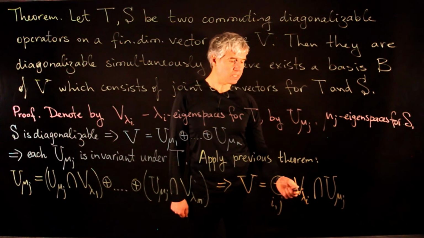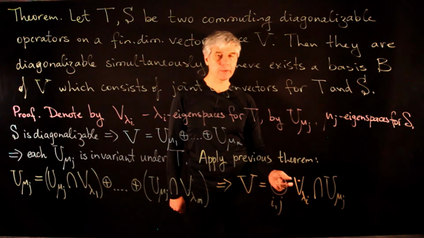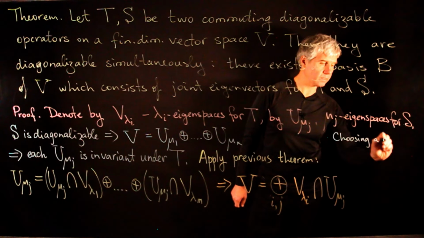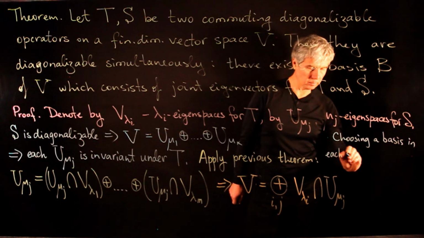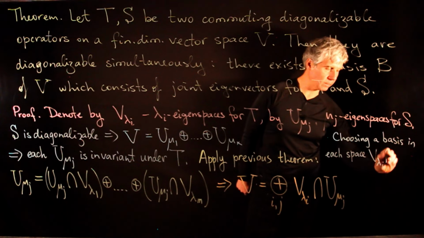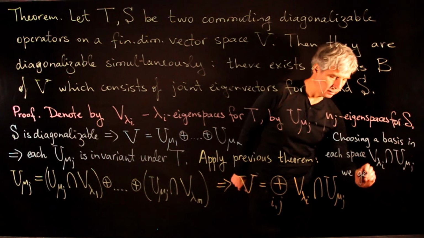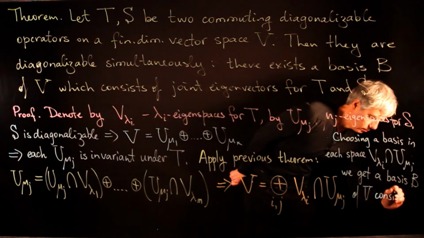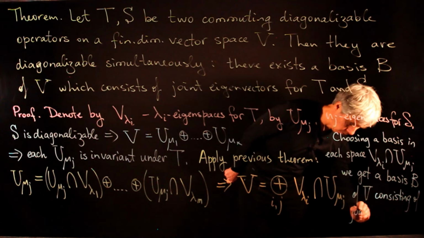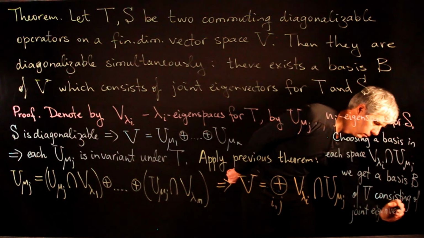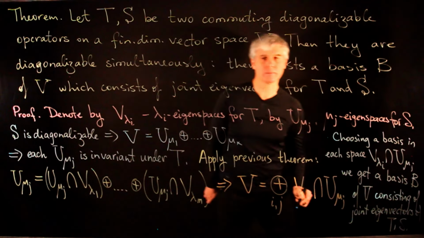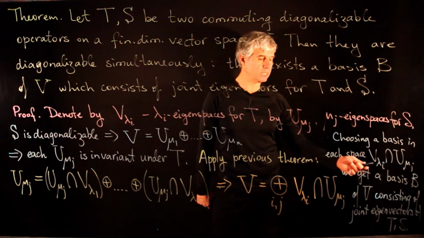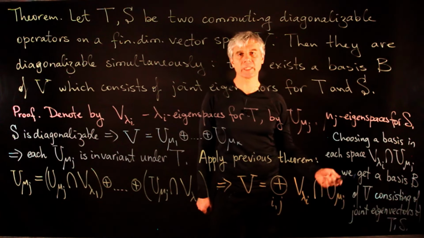These intersections consist precisely of joint eigenvectors with eigenvalue lambda i for operator T and eigenvalue mu j for operator S. And finally, choosing a basis in each space V lambda i intersected with U mu j, we get a basis B of the space V consisting of joint eigenvectors of T and S. Since V decomposes in the direct sum of these subspaces, by joining these bases together, we obtain a basis of the whole space, and this basis will have the required property that it will consist of joint eigenvectors.